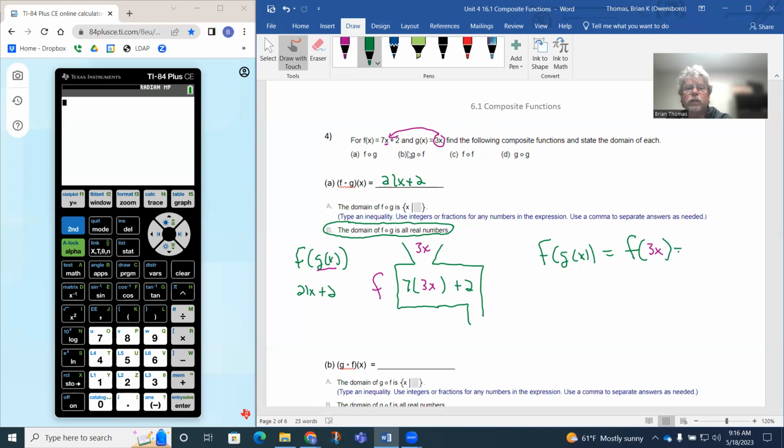Then we turn to the f function, which says we have this 7, and we're going to replace x with the 3x. That's what's actually going in. So the 3x becomes the input, and then we're adding 2 to that. If we do the math, 7 times 3x is 21x plus 2. Those aren't like terms, so that's going to be our result.